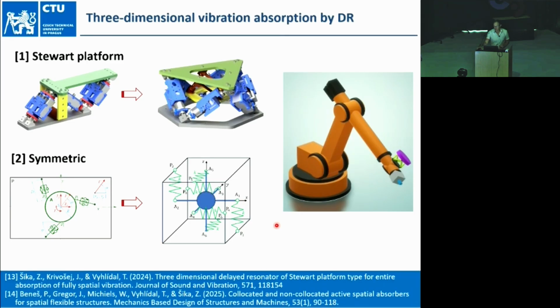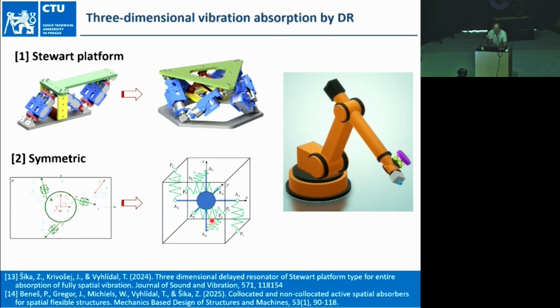Okay, so I have a couple of slides on moving it to three-dimensional vibration suppression. We actually have two variants. The first one is on extending this asymmetric configuration, and then also the symmetric, which again was proposed by Wim.